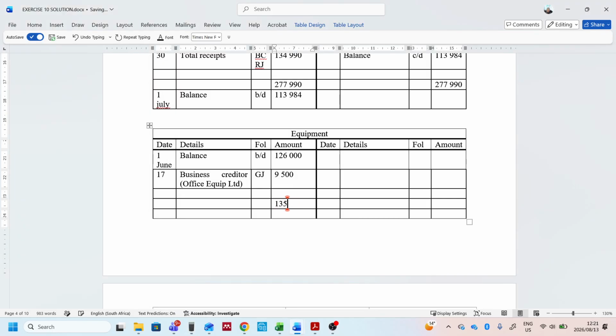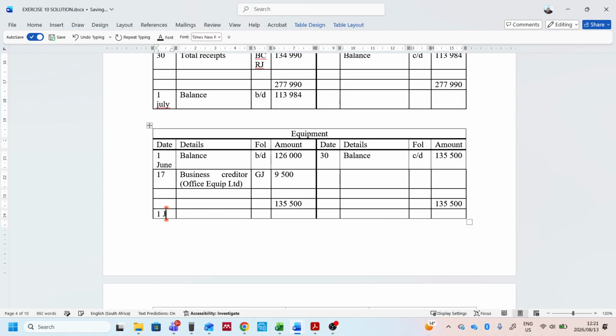So you're going to have 135,500. This means that at the end of June, on the 30th, this will have a balance carried down of how much? 135,500.